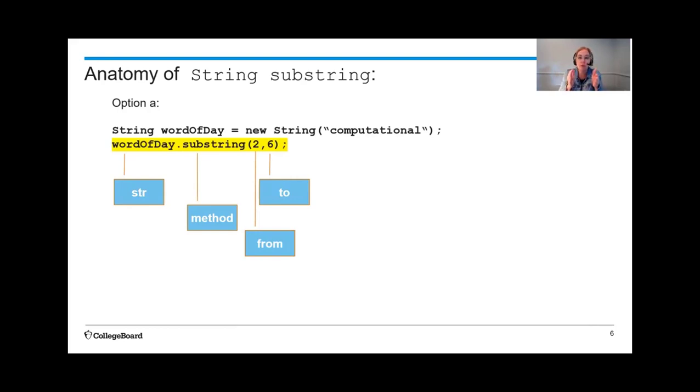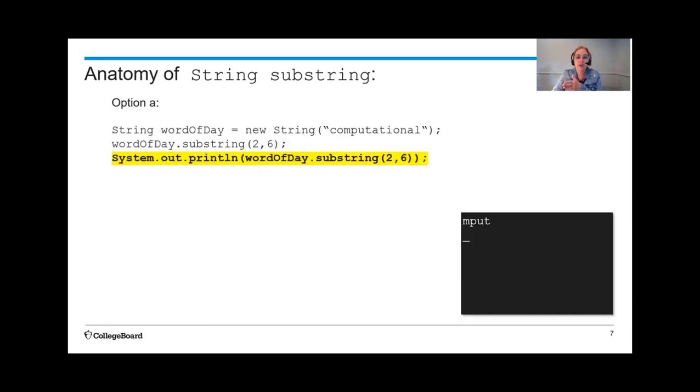So start with our from and go to our to in terms of indexing. So start at index 2 and go to 6. And here's the result that you would expect. Remember that C in computational was at index 0, and you can mentally do that counting.